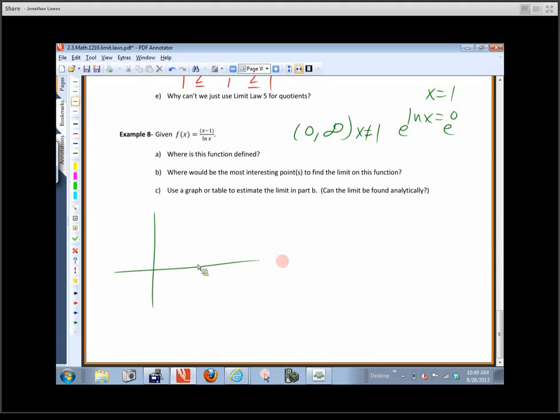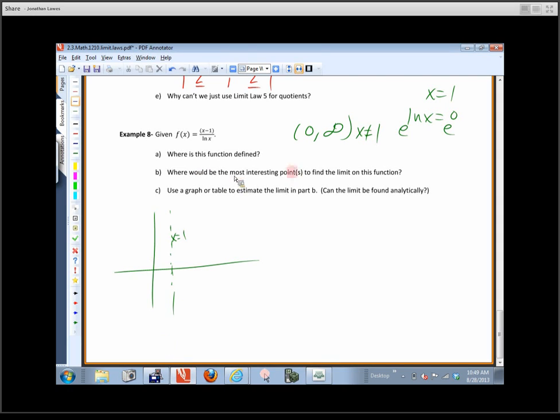It exists over here everywhere except for there's something weird going on right here at x equals 1. Maybe a vertical asymptote, maybe a hole. Is it a hole? No, because it doesn't cancel. So there's going to be a vertical asymptote right here.